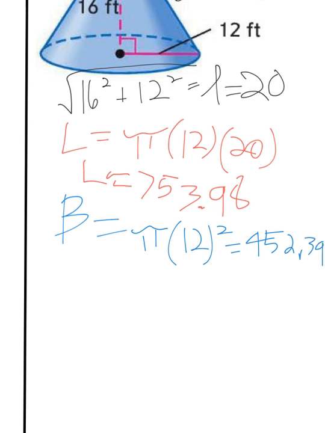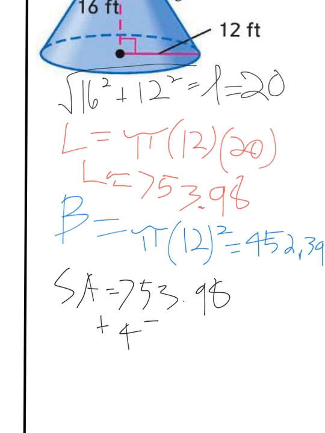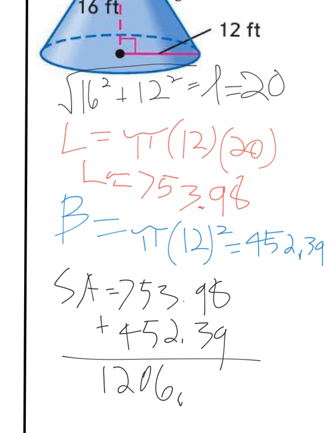Okay, so my surface area is the L plus the B. So surface area equals 753.98 plus 452.39. And that comes to a total of 1,206.37, and that would be square feet for my unit.